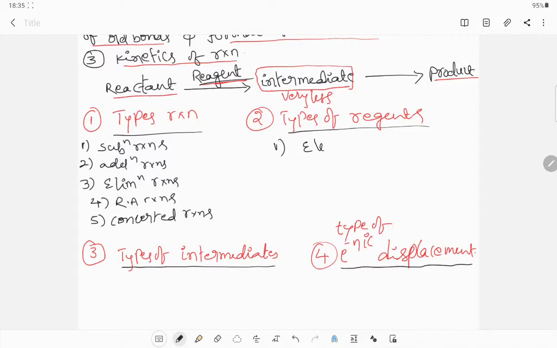One may be an electrophile, indicated with E plus, another may be a nucleophile, and the next one may be a free radical.